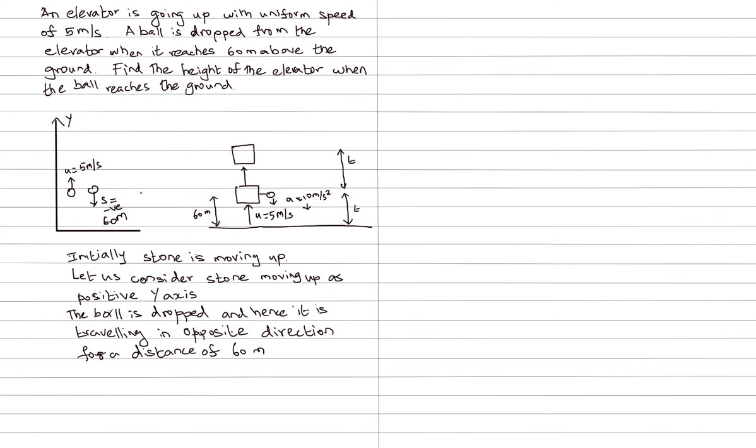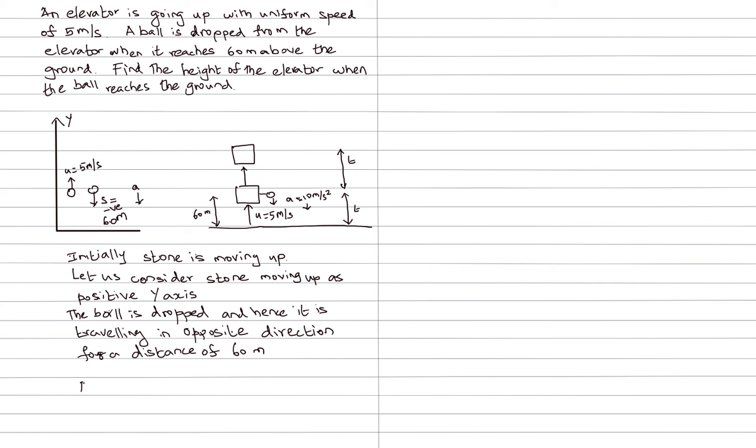And acceleration is acting in the downward direction. A is acting in the downward direction. So ball, we have taken ball moving up as positive y-axis, and the acceleration is acting downward direction.